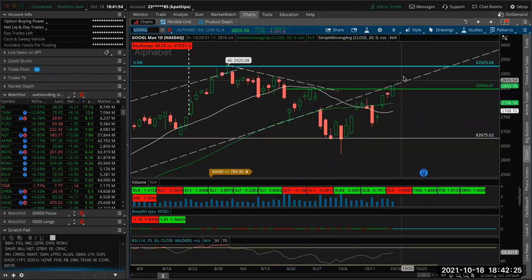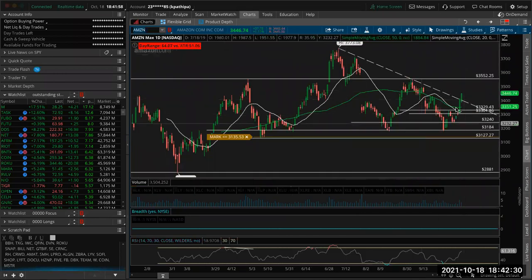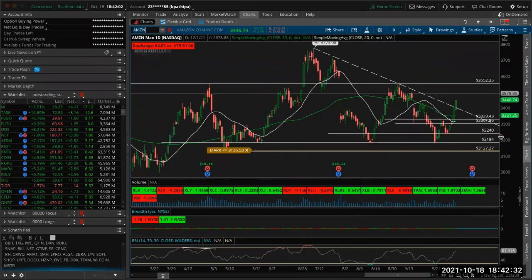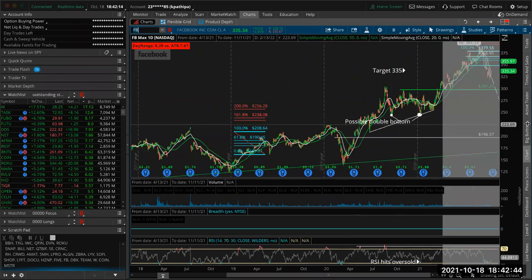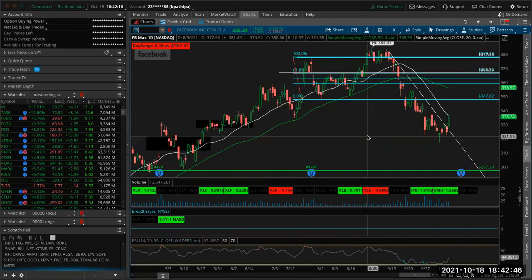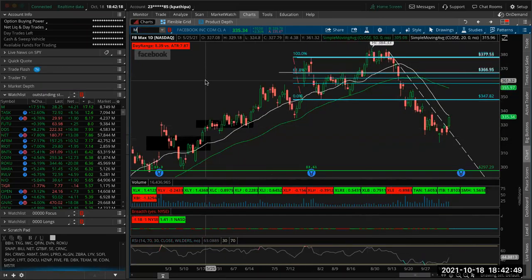Google is probably a little better. Amazon is so far down. That's going to take a while. I guess by earnings we'll know what happens with Amazon. And Facebook is all the way down there. So the best stock right now among the mega caps is MSFT.